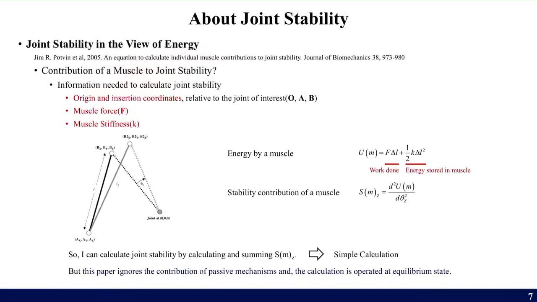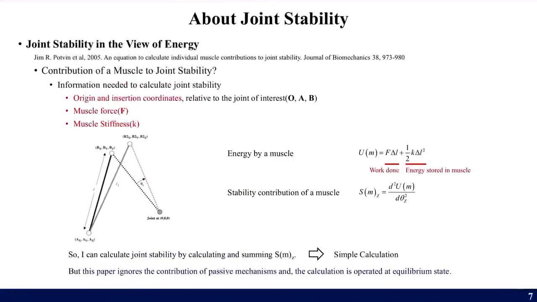But there are constraints of this paper. This paper calculates the joint stability at equilibrium state, and the paper ignores the passive mechanisms, like the passive force by ligaments and the reaction force of the joint.